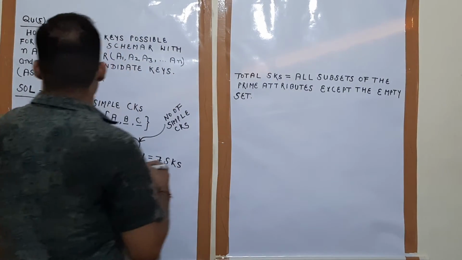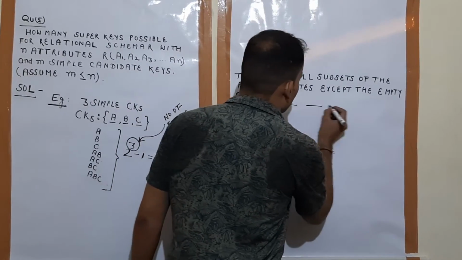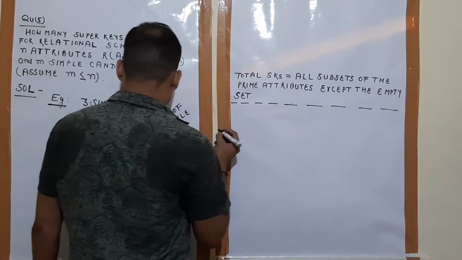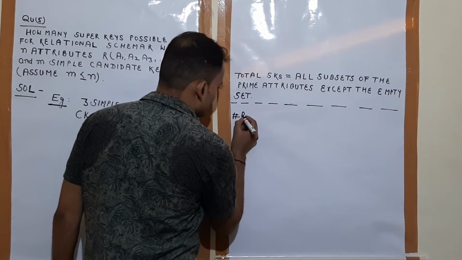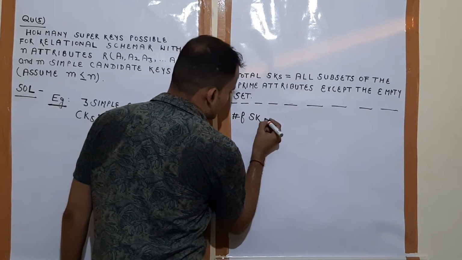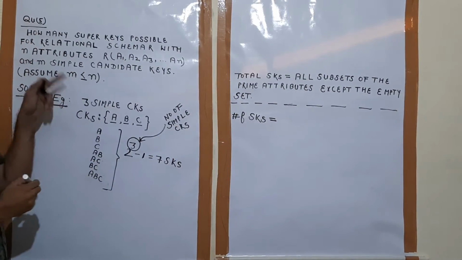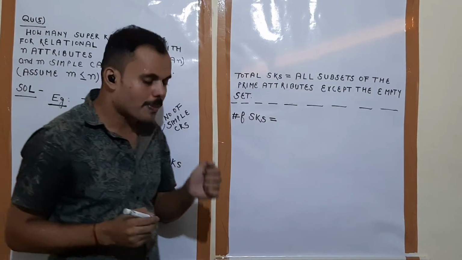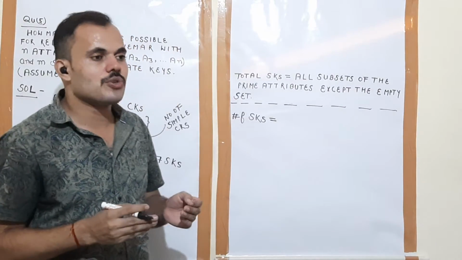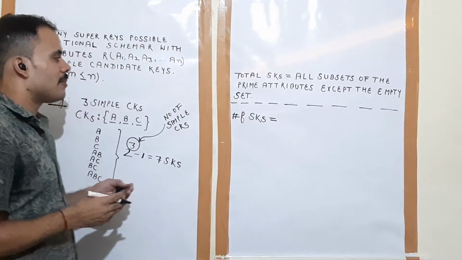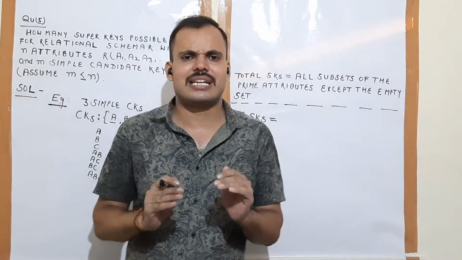Then see here, for question 5, the number of super keys is equal to the number of super keys among prime attributes of the relation R, if the candidate keys are simple candidate keys like this.